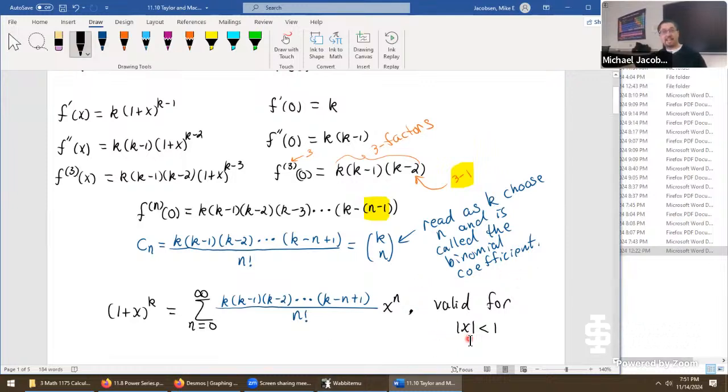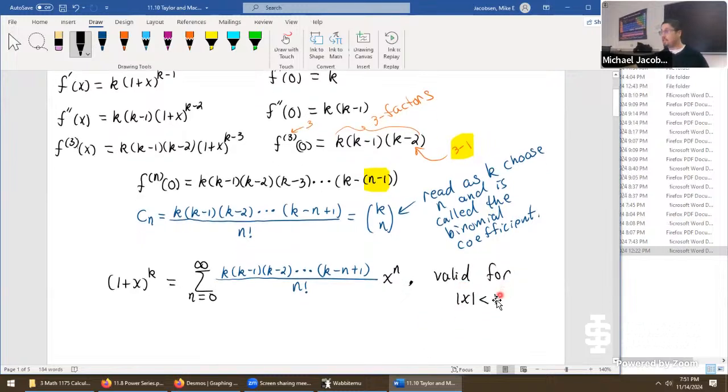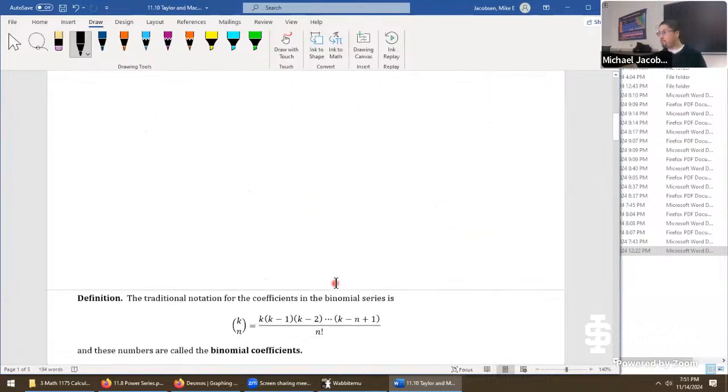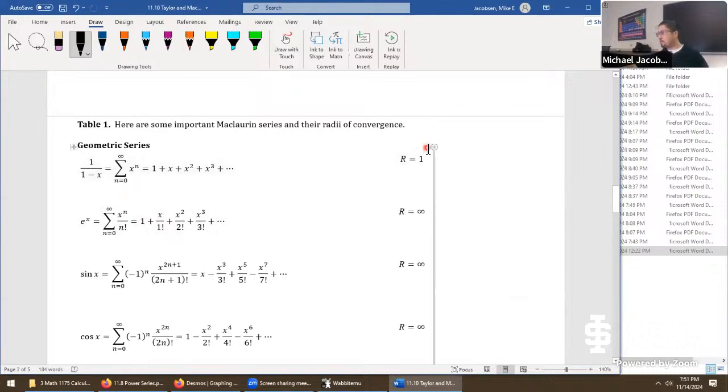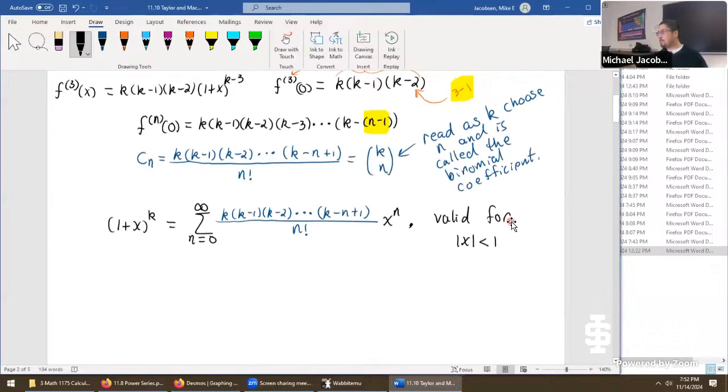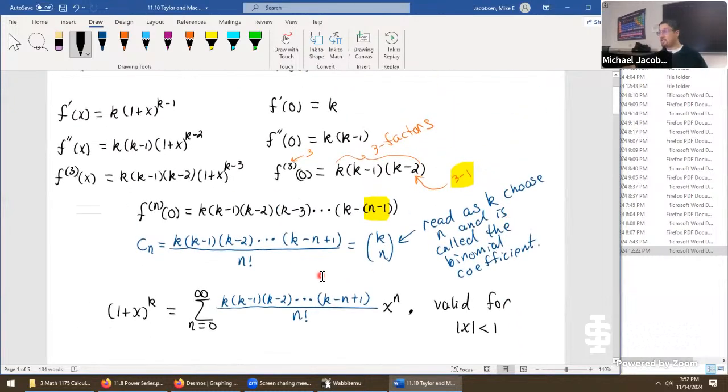Let's skip those steps because that actually takes a good amount of work to show. But this is not just giving us the radius of convergence. This is the interval of convergence. Absolute value of x must be less than 1, just like with geometric series. Oh, well, this just says radius 1. So that's our binomial series.